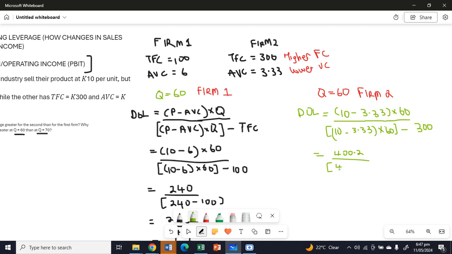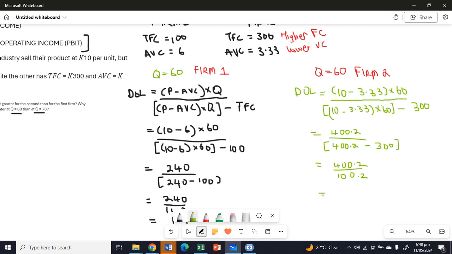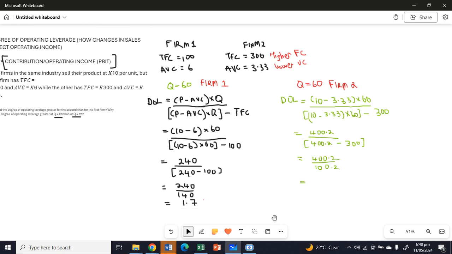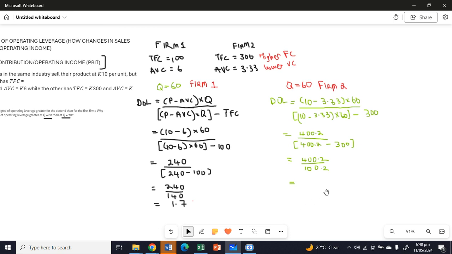Over 400.2, minus 300. What value do we get? 100.2. So 400.2 divided by 100.2.